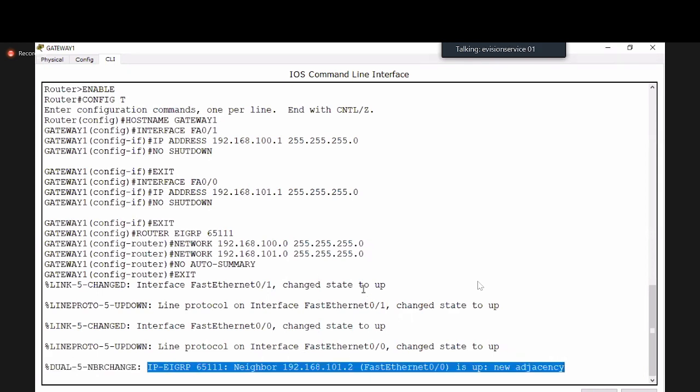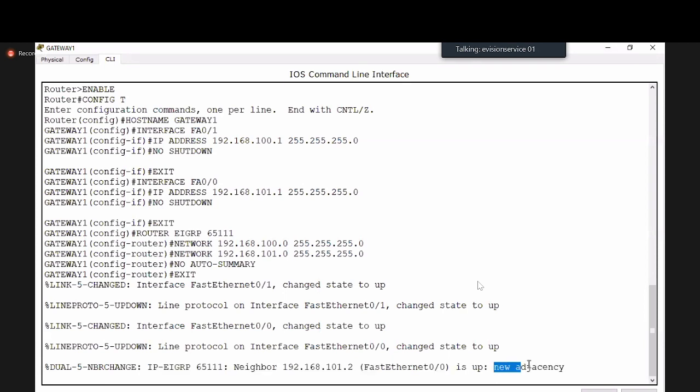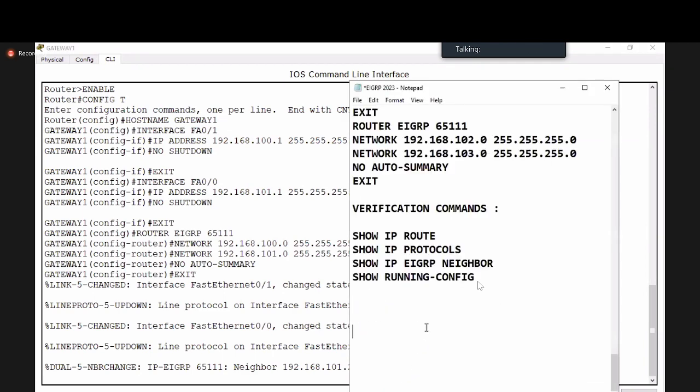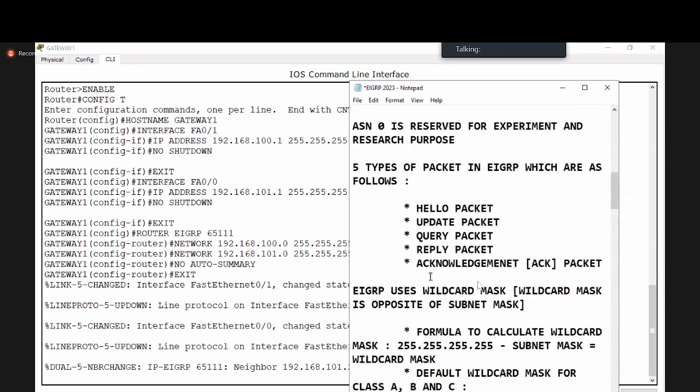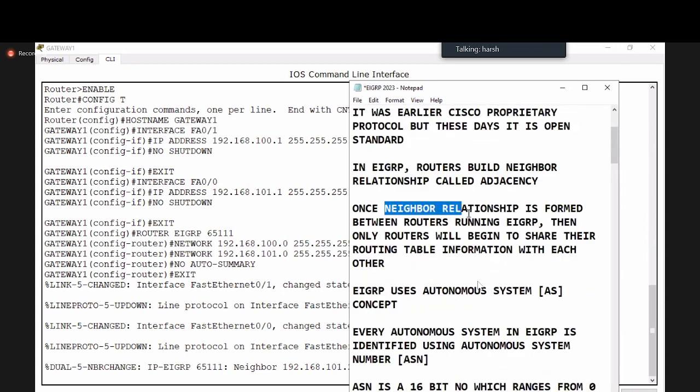This message says: neighbor 192.168.101.2 is up, new adjacency. Adjacency means neighbor relationship.